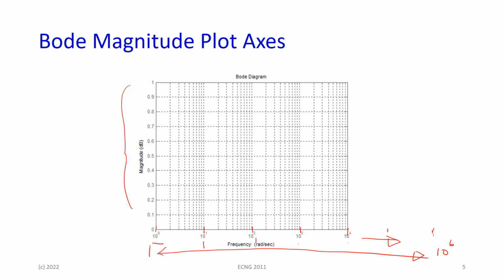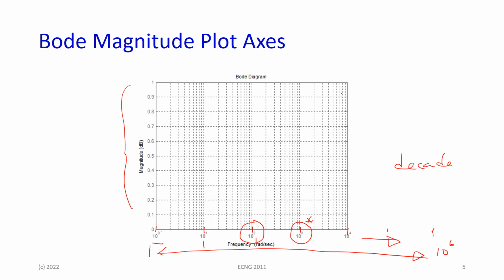So that's the first thing about the two axes: the frequency axis uses a log scale. And as we mentioned before, anytime you have two frequencies where one frequency is 10 times the other, we call that a decade.